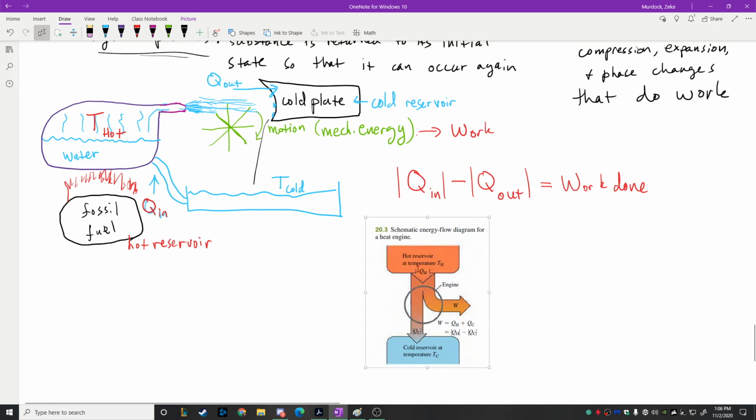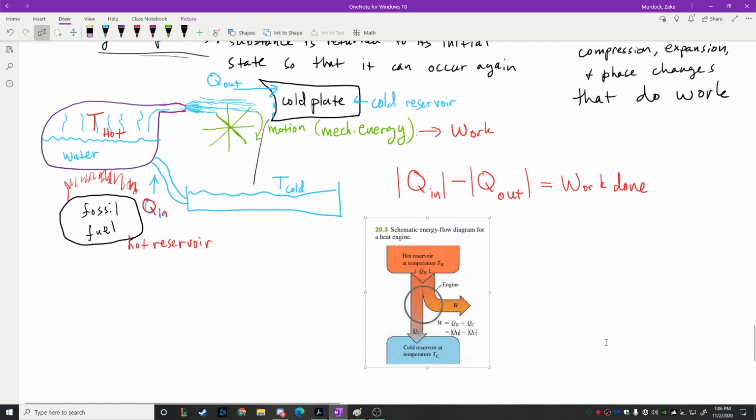You have a hot reservoir at temperature TH. Heat comes in. Some of that heat goes to the cold reservoir here. And whatever work you get out of that has to be related to the temperature difference. Not the temperature difference, sorry, the difference in the heat that came in versus the heat that went out.